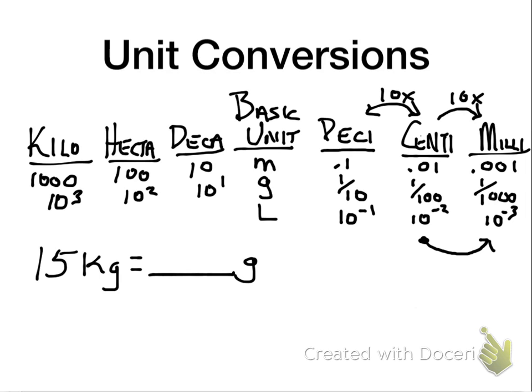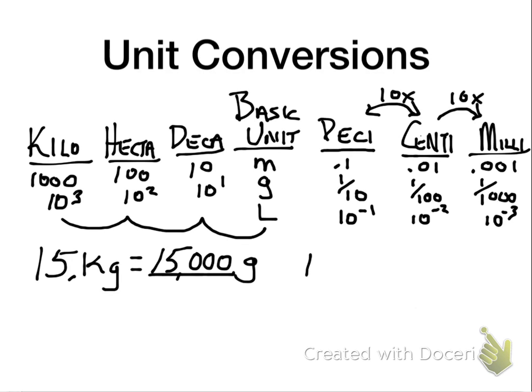So your decimal place is after the 5, and we would have to move it 1, 2, 3 times in order to reach the basic unit. So we would have to add 3 zeros after 15 to get 15,000 grams.